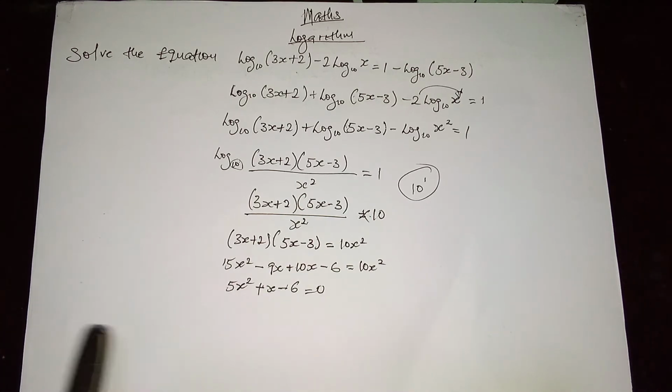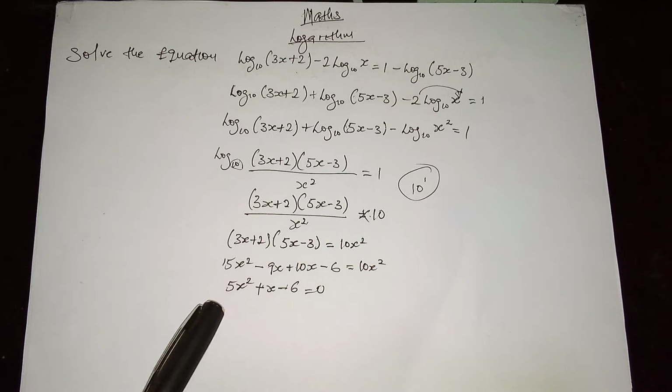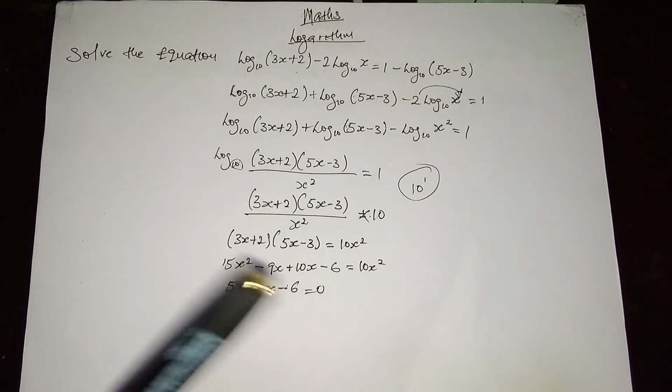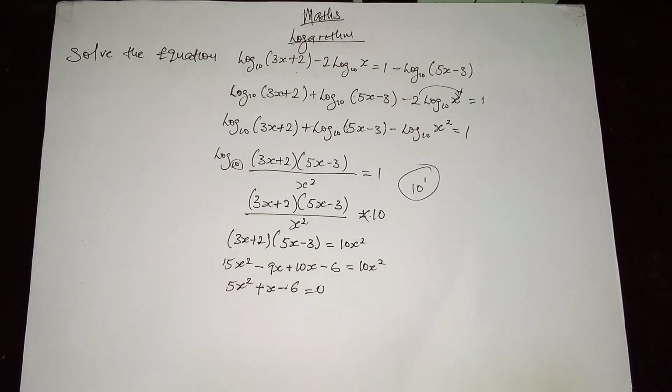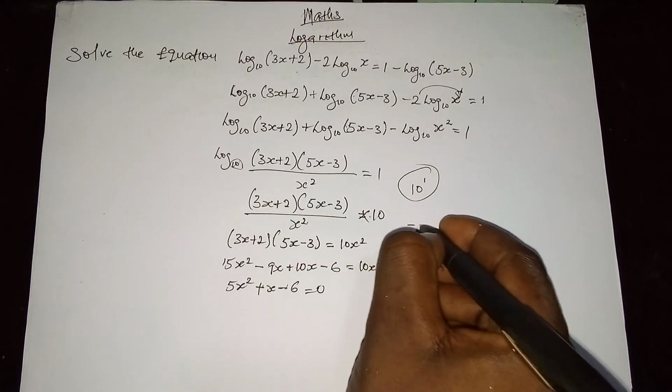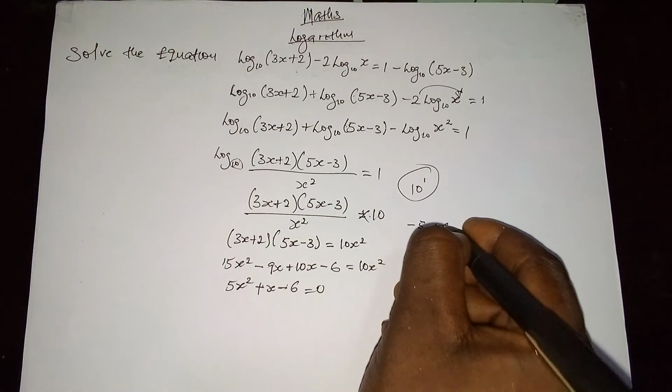So this is the quadratic expression, and we're going to look for the value of x using this for a quadratic equation, right? So we're going to use the factorization method. I'm going to multiply this and this, which is negative 30. Now, what are the two numbers that when I multiply them, I have negative 30, and when I add them, I have plus 1, which is the coefficient of the middle term? Those numbers are negative 5 and 6.